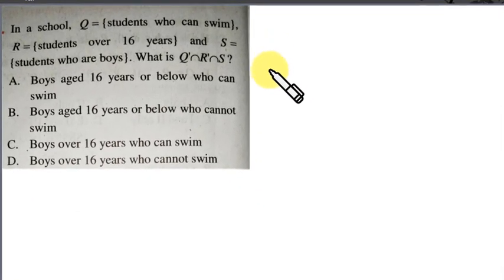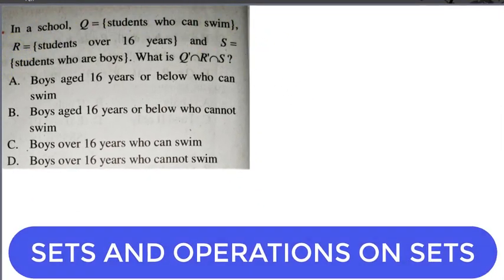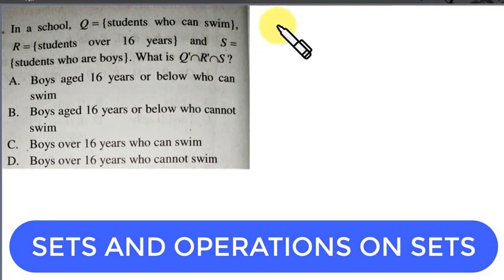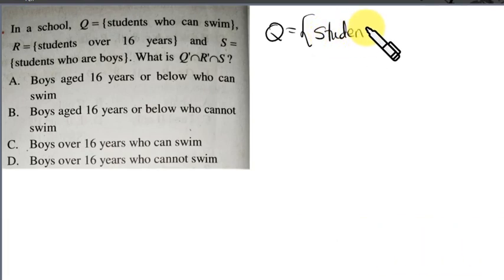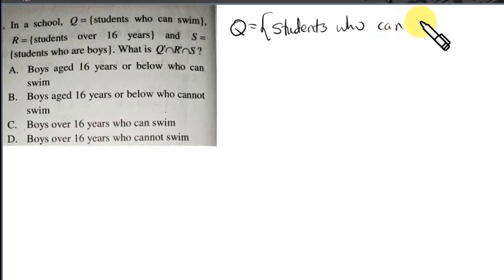Now let's get the three sets down and examine them carefully. The set Q comprises students who can swim. The set R is a set of students over 16 years.